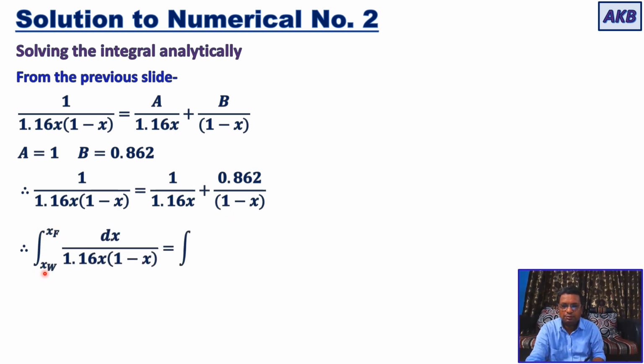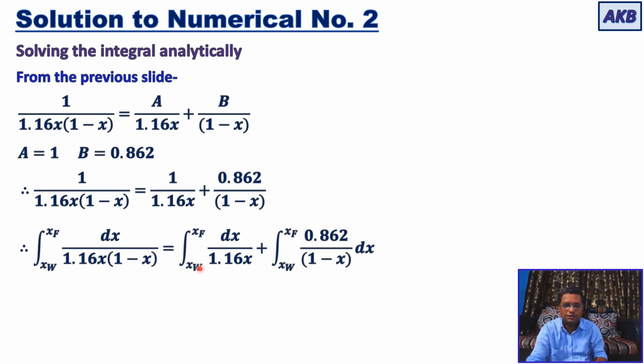So integration from xw to xf dx upon 1.16x into 1 minus x, that is equal to integration from xw to xf dx upon 1.16x plus integration from xw to xf 0.862 divided by 1 minus x into dx. Okay, so we have integrated the two terms. Now I1 is, we started with this assumption.